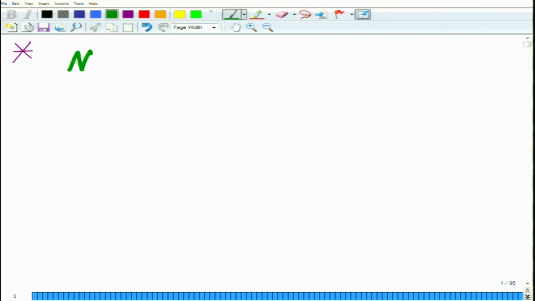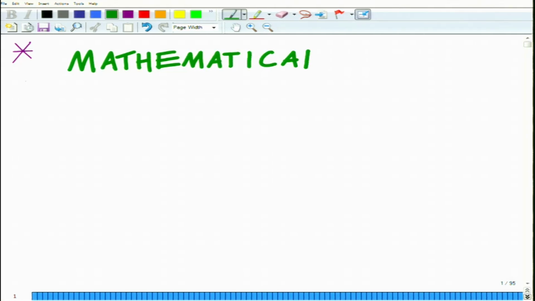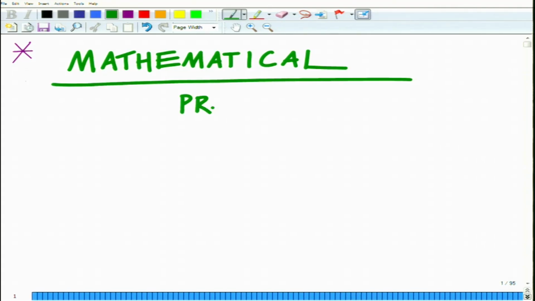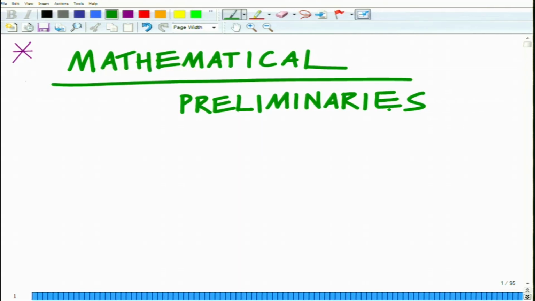So, we want to start with the mathematical preliminaries, the notation and so on that we are going to use frequently in our treatment of optimization, in order to describe the various concepts of optimization.